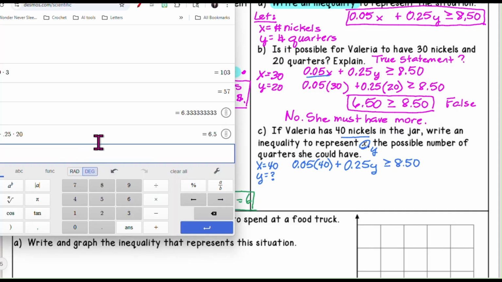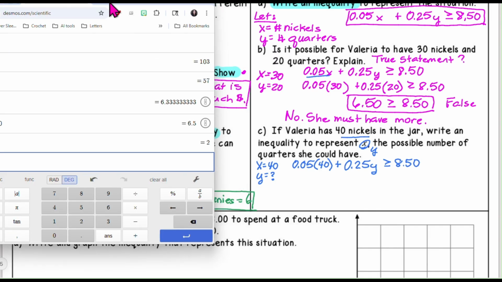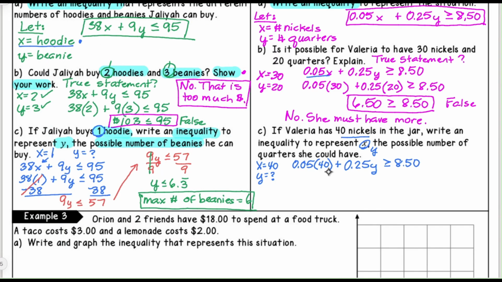We got 0.05 times 40, and that's going to be $2. So that's $2 plus 0.25y greater than or equal to 850. I can subtract 2 from both sides. This is going to give me 650.